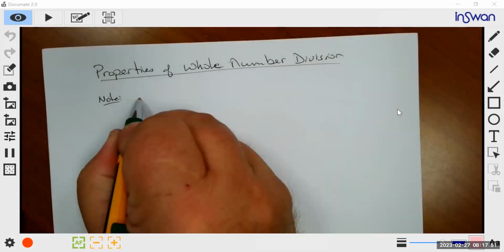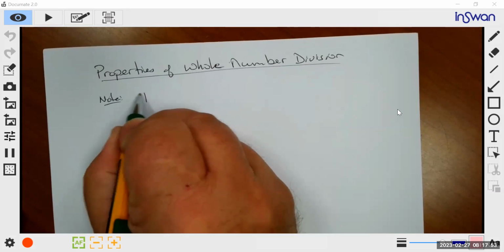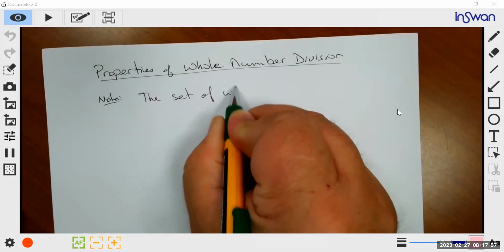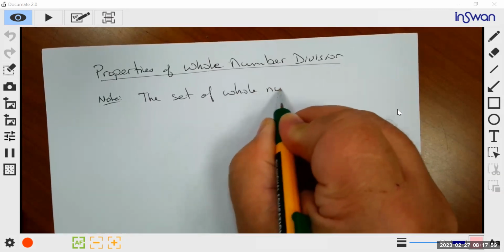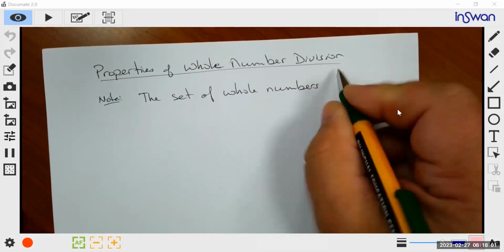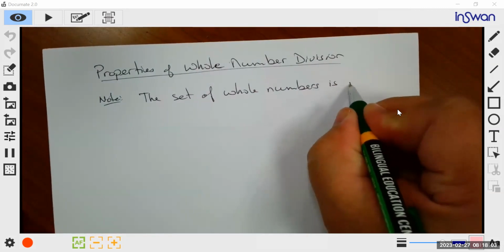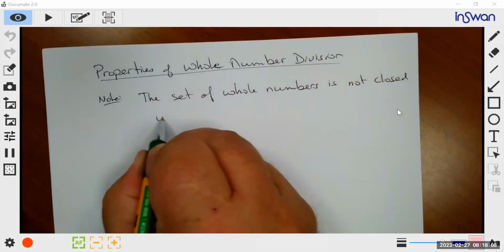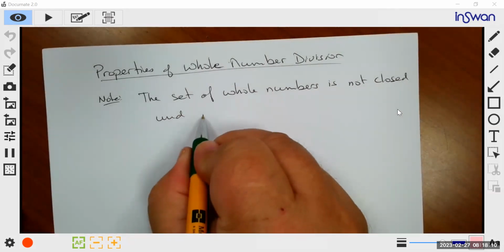Here's the first note. The set of whole numbers is not closed under division.